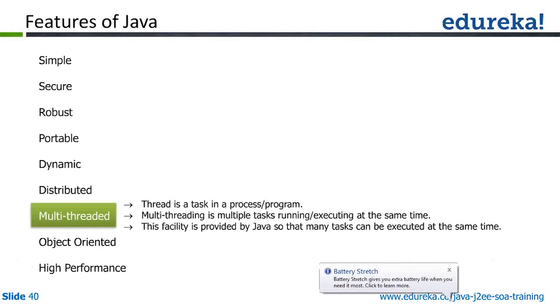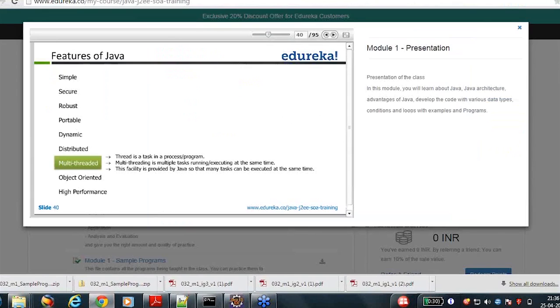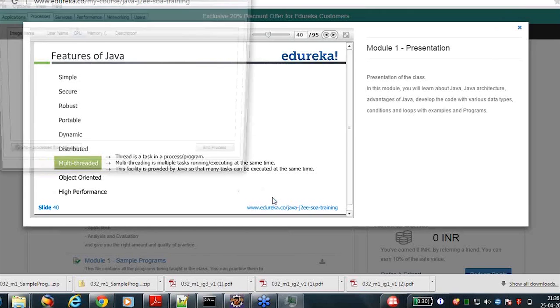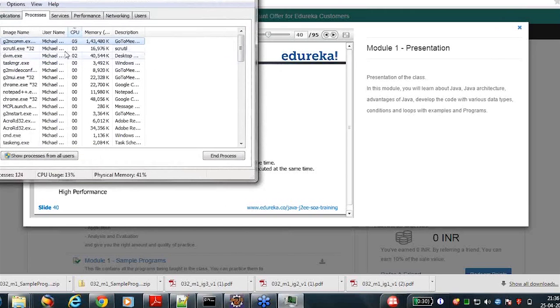Multi-threaded. A thread is a task in a process or program. Multi-threading is multiple tasks running and executing at the same time. This facility is provided by Java so that many tasks can be executed at the same time. If you look at your operating system, you'll see there are many processes here, right?